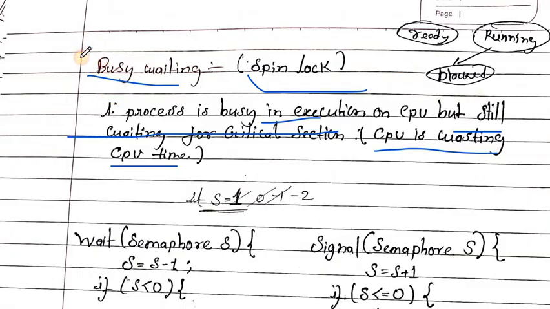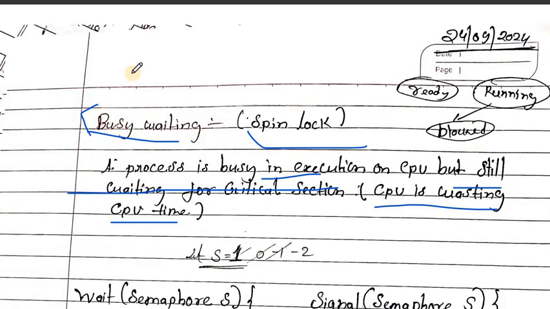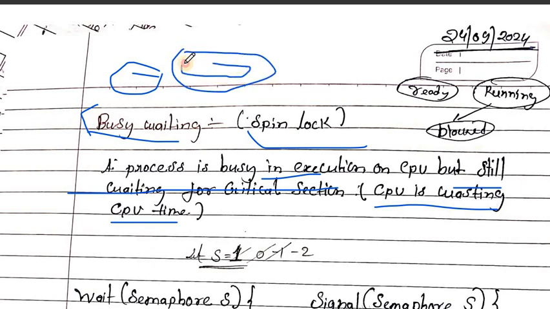The problem of busy waiting is this: when a process wants to enter the critical section, it executes the wait function and gets stuck in the while loop. In the while loop, the process is being executed by the CPU, again and again checking the condition.